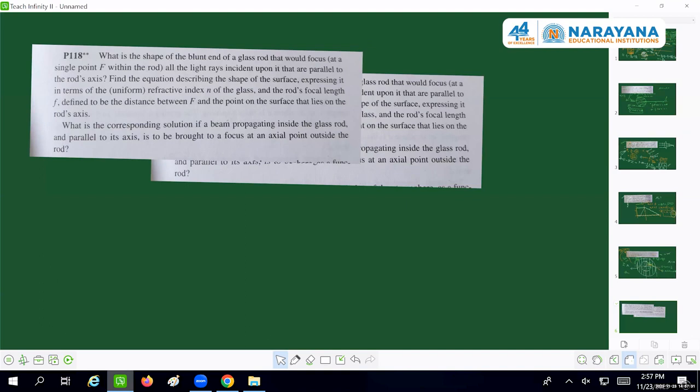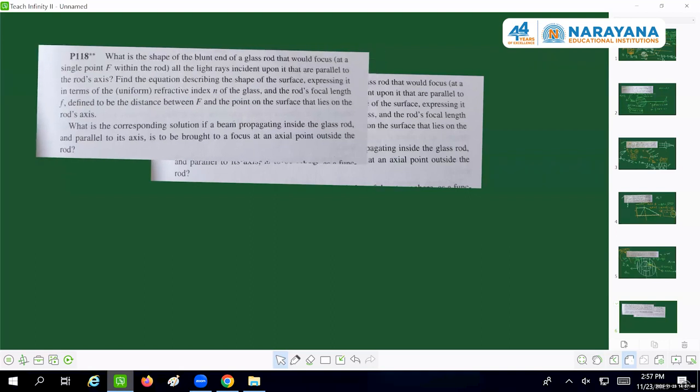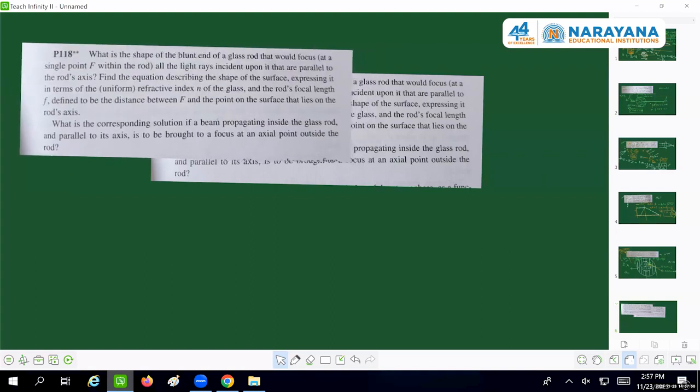There are 2 combinations actually; I'll derive one of them first. What is the shape of the blunt end of a glass rod that would focus at a single point within the rod all the light rays which are incident upon it that are parallel to the rod's axis?